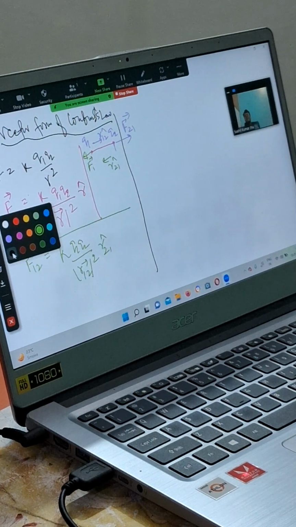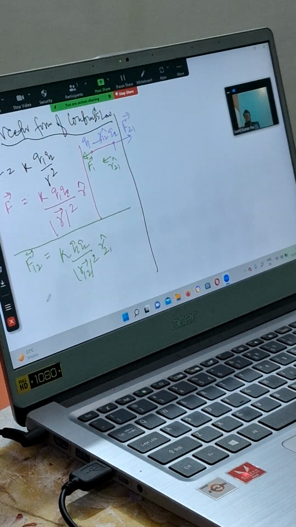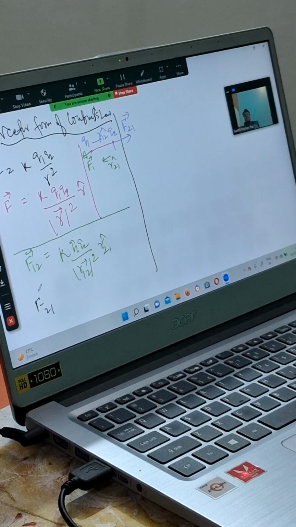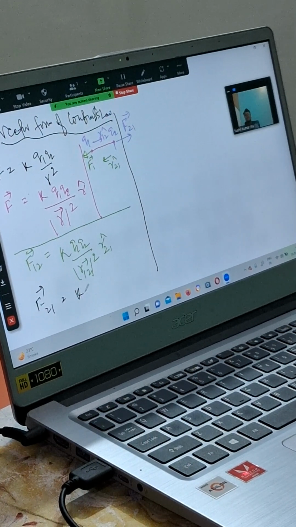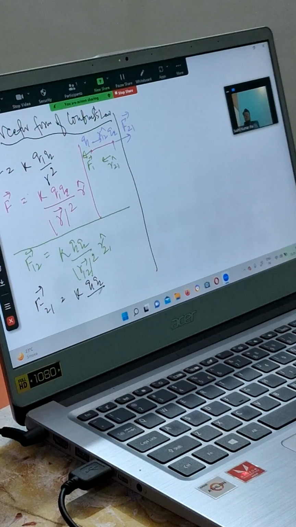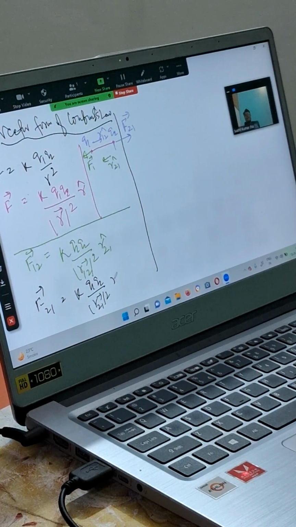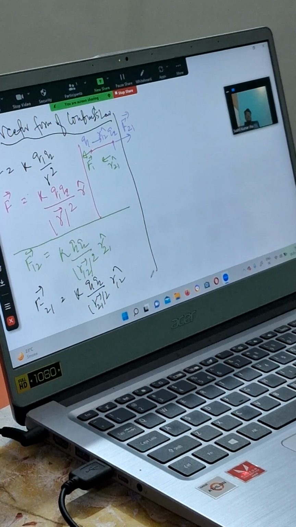Likewise we write F21, this will be K Q1 Q2 upon R21 mod square and R12 cap.